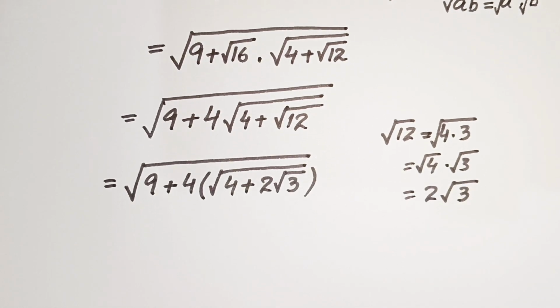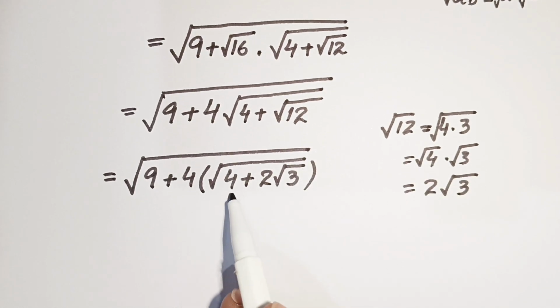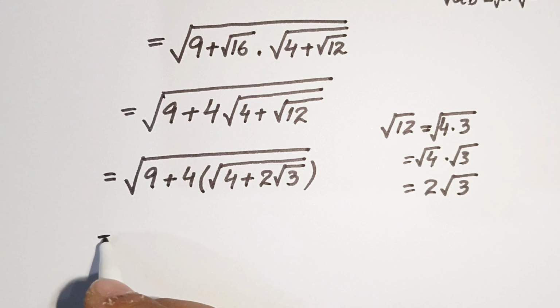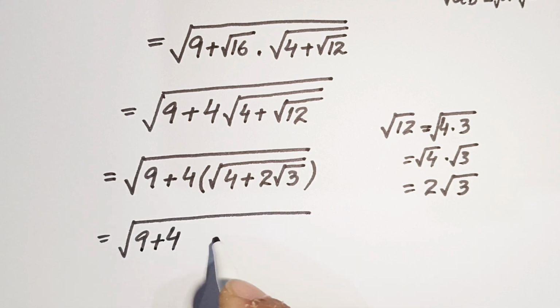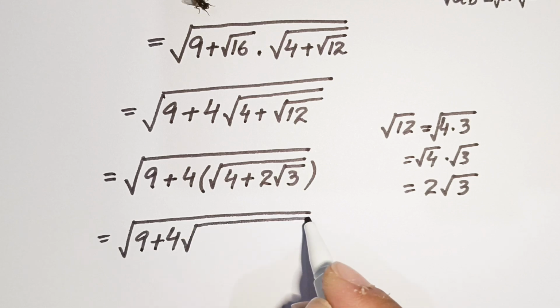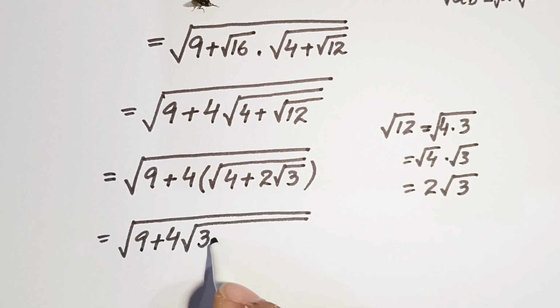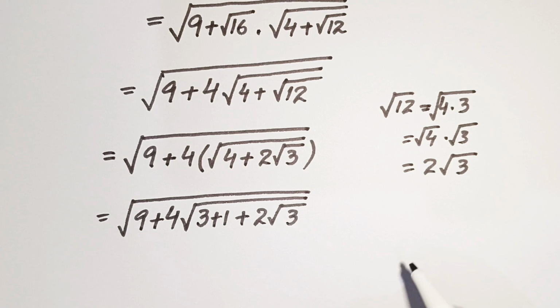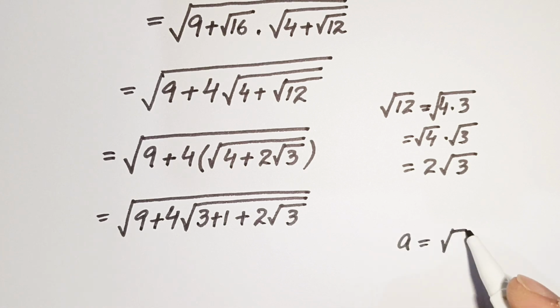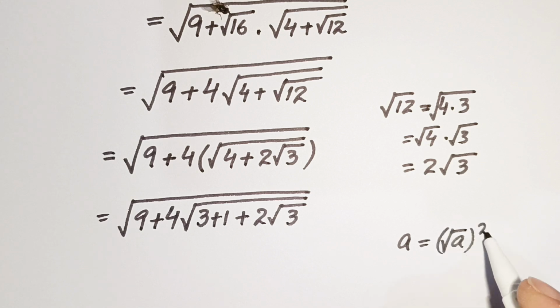Our next step will be, this 4 can also be written as 3 plus 1, so square root of 9 plus 4 times square root of 3 plus 1 plus 2 times square root of 3. And we also know that a is equal to square root of a whole squared.